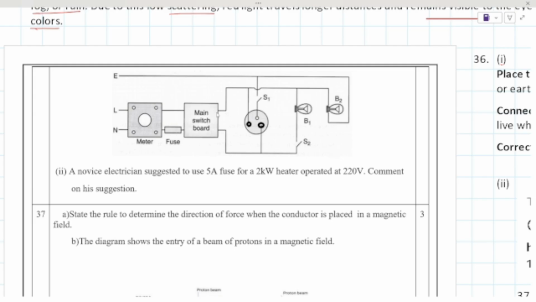The main switch. The S1 should be joined. Yes, this is switch one.